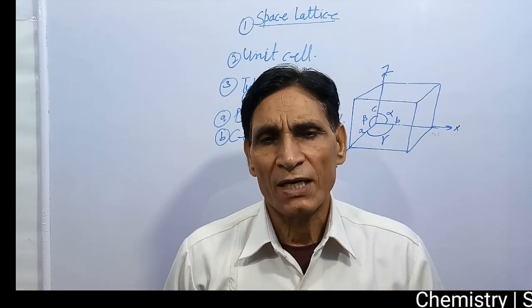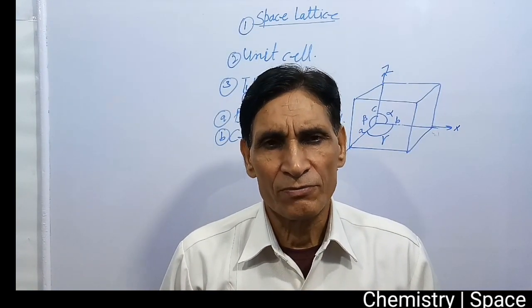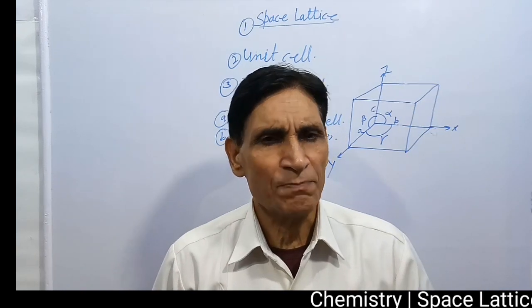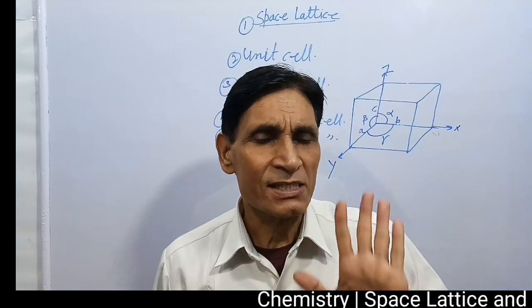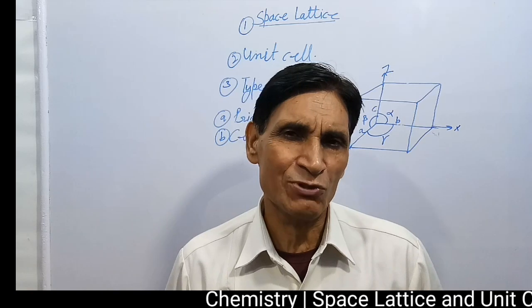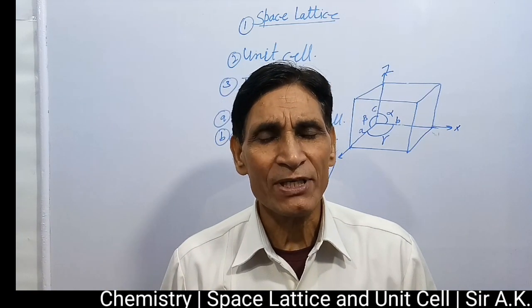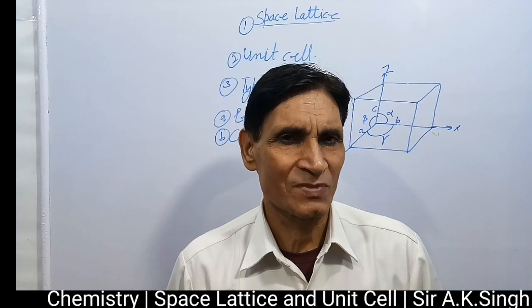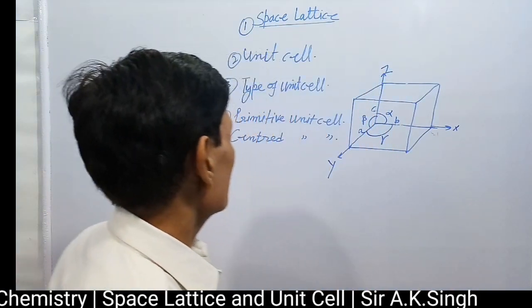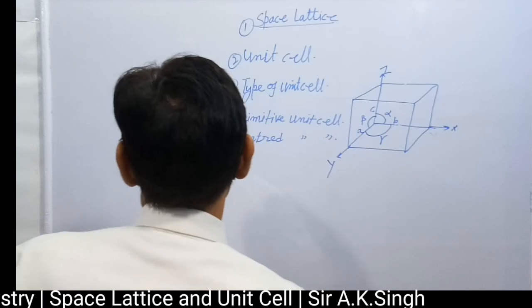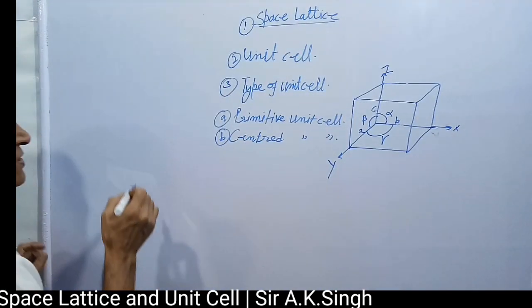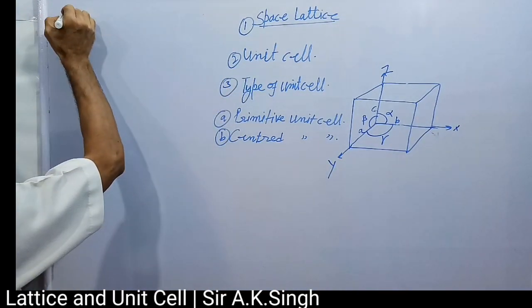Now I am going to tell you the different types of primitive unit cell. There are 7 types of primitive unit cells, called the 7 crystal systems.